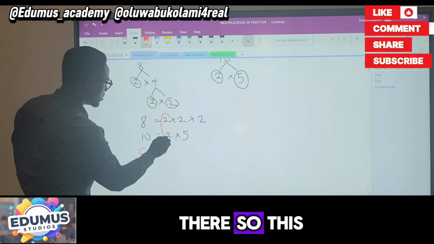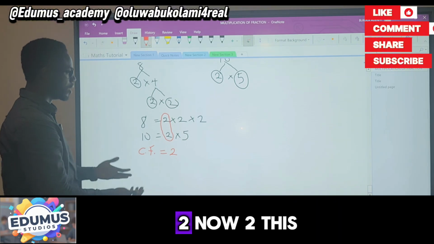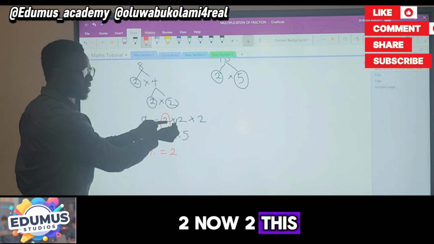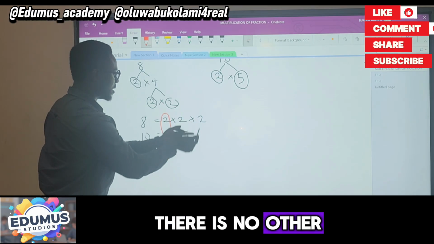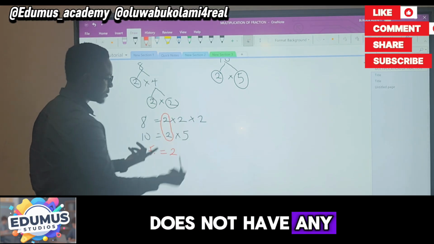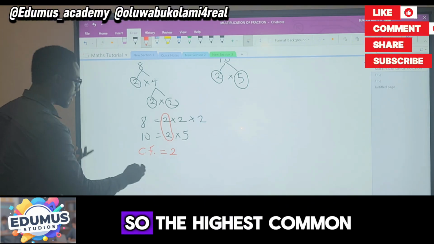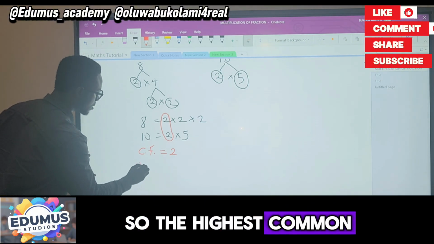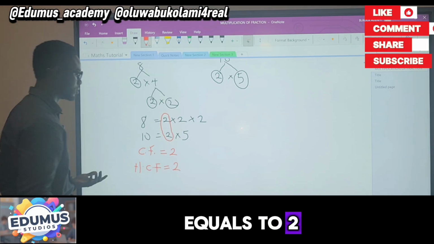So this 2. Now this other 2, there's no other 2 to pair with it here. There's no other 2 here. 5, 2 does not have any brother at the top. So all we have is 2. So the highest common factor will now be equal to 2.